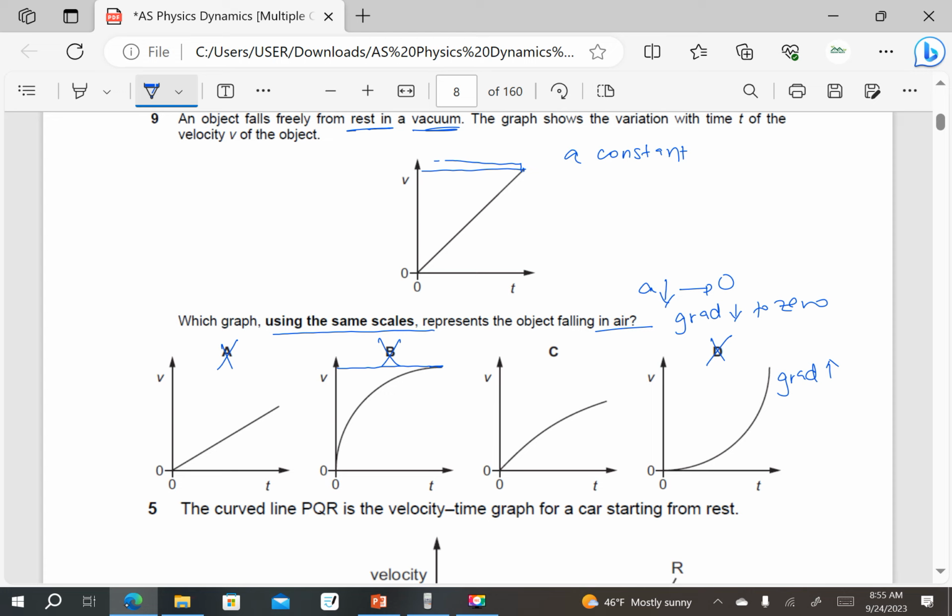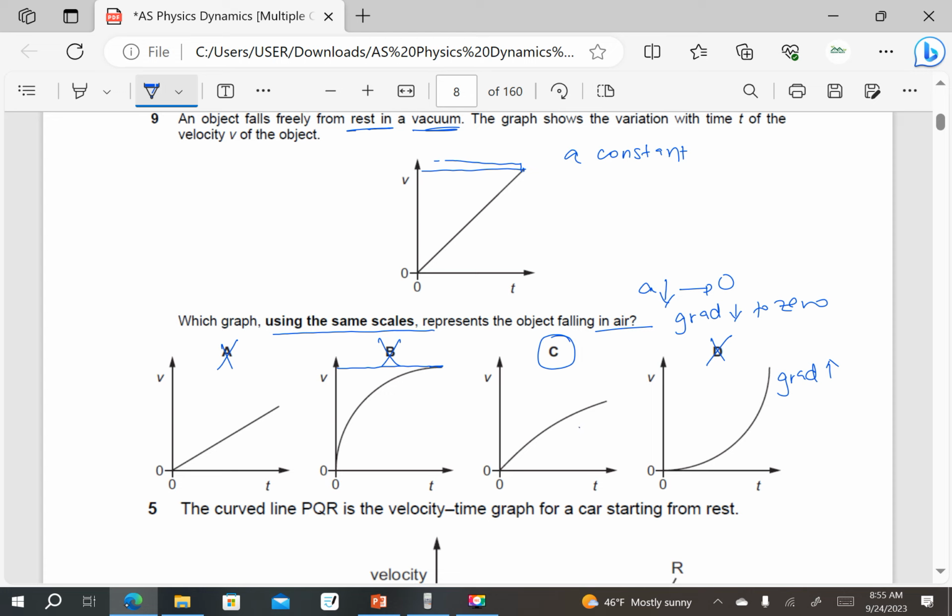But this is not true. As acceleration decreases, using the same scales, we don't reach the same maximum velocity as before. So the terminal velocity will be less than the maximum velocity in the previous case when there was no air resistance. This is what makes C correct.